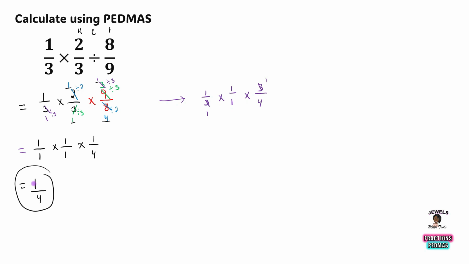So you can see that even though in our last session we had the same numbers, the operation signs were in different places, so when we work out these two fractions, we arrive at a different solution.